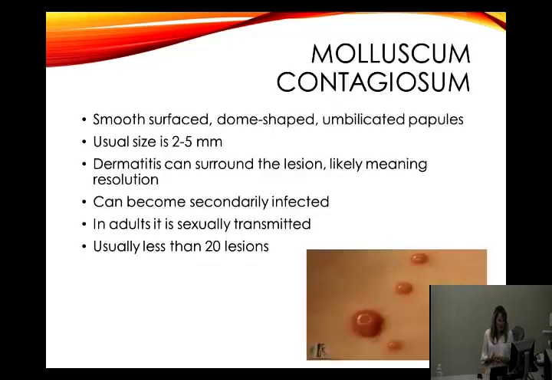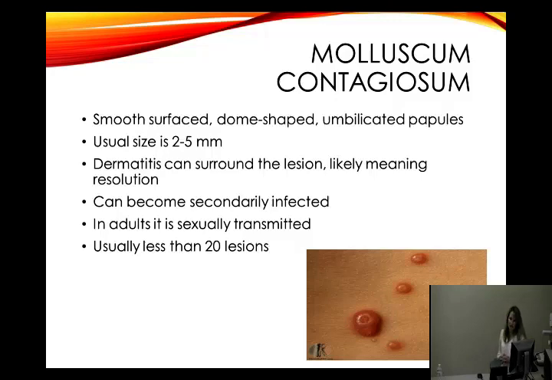So molluscum, we do touch on this in the pediatric derm lecture as well, but we do see it in adults, so I wanted to mention it here. In the bottom corner are some great pictures of molluscum. They are smooth, dome-shaped papules, and you can see in the center they're umbilicated. When you see that umbilication, that's really diagnostic of molluscum.